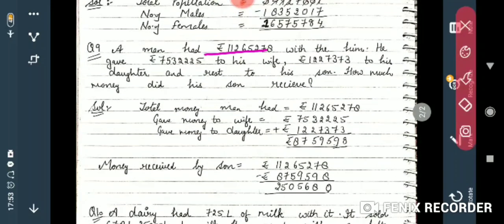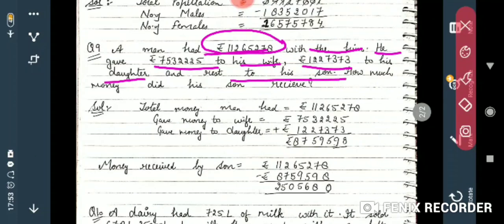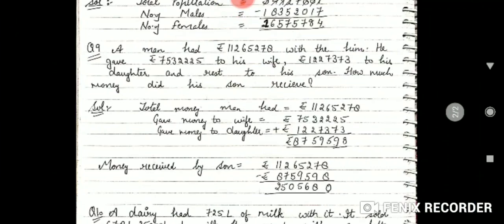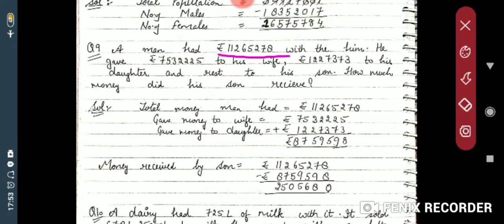A man had this much rupees with him. So how many rupees are there with the man? This much. He gave this much to his wife, this much to his daughter and the rest to his son. How much money did his son receive? So the total money the man is having is this much. So what is the total money? Just tell me. 1,12,65,278.